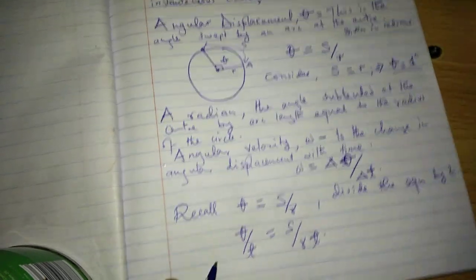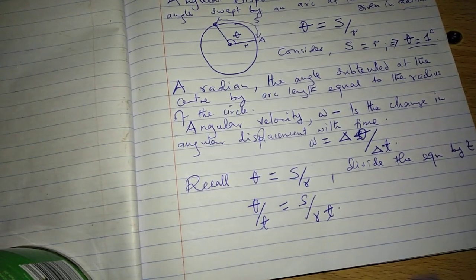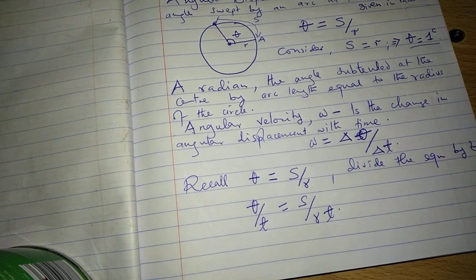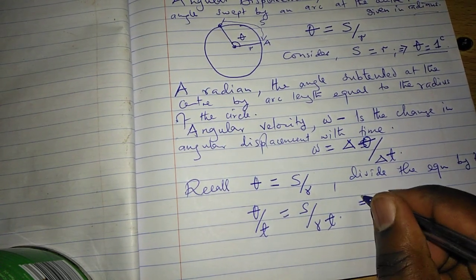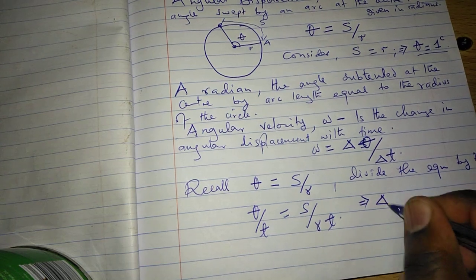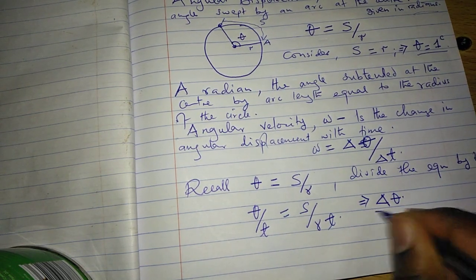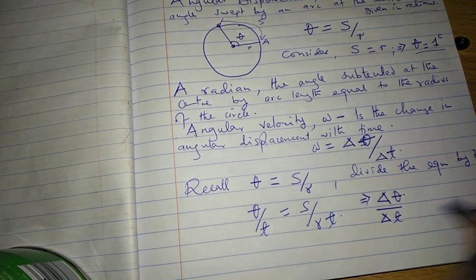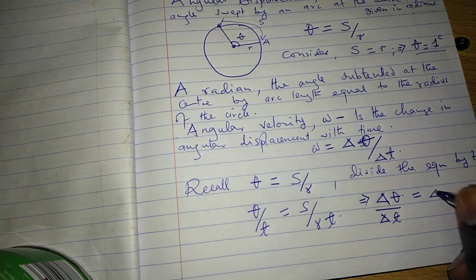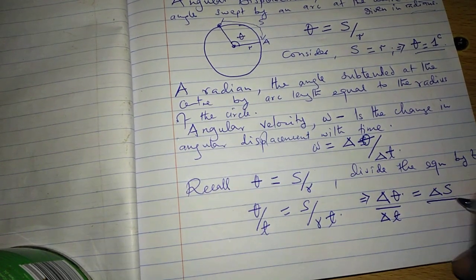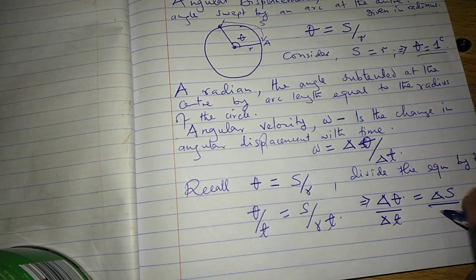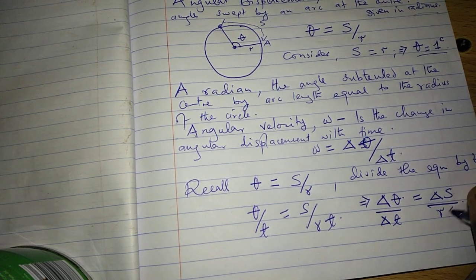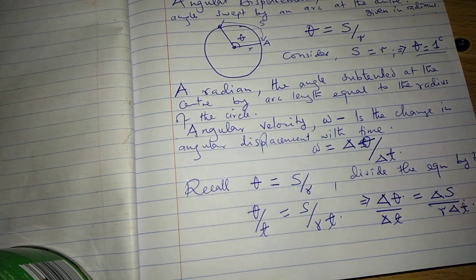And if we take small changes on either side, we shall arrive at change in angular displacement out of change in time, which will give us change in the arc length s out of r and change in time.